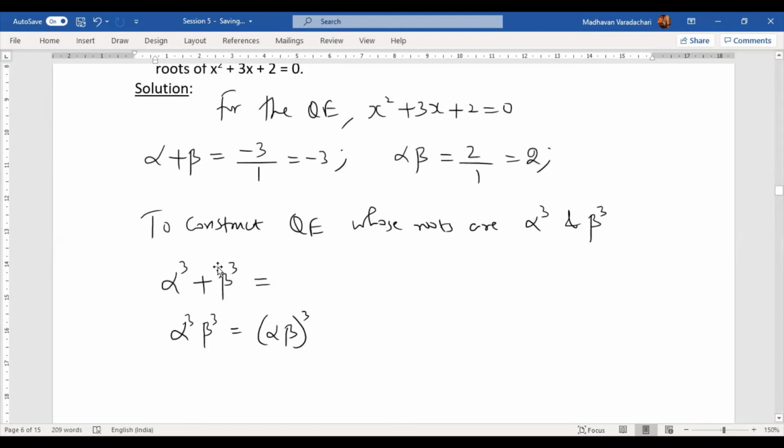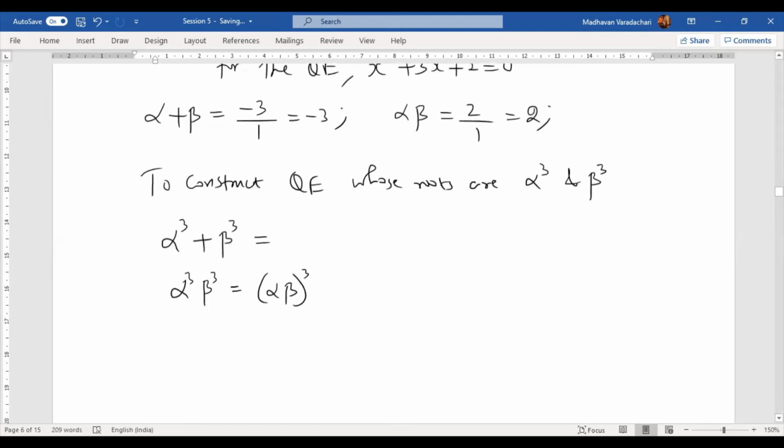Now, how do we arrive at this? First, let us consider alpha plus beta the whole cube. It is like a plus b the whole cube. How do we form that? It is a cube plus b cube plus 3ab into a plus b.